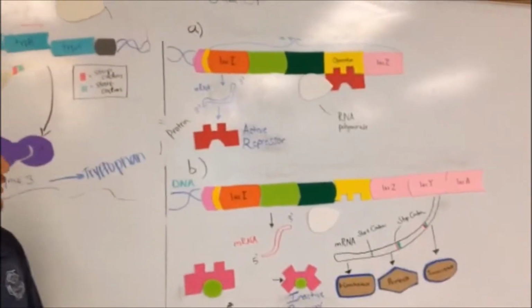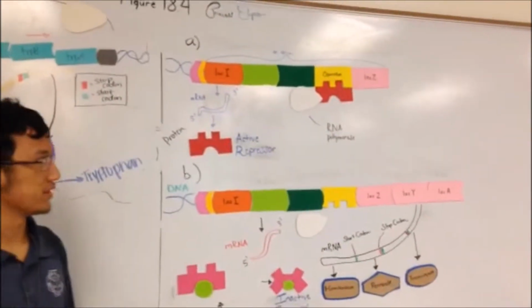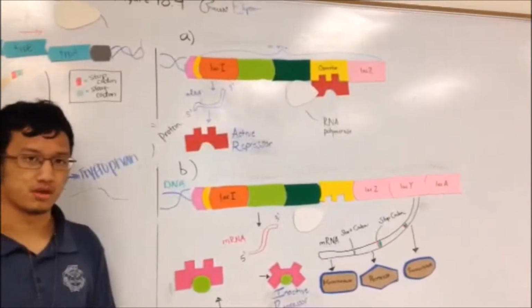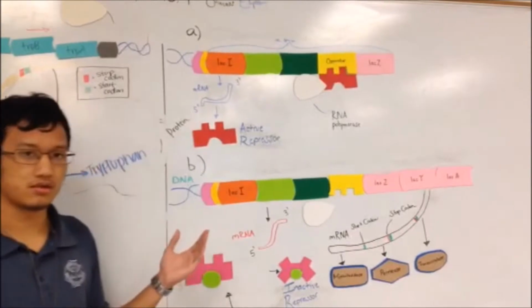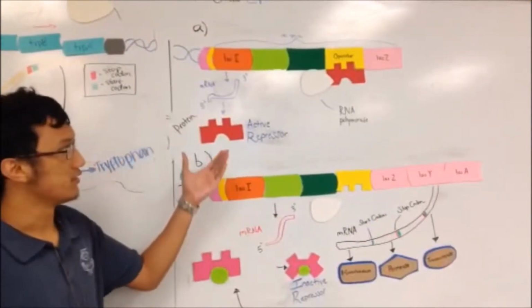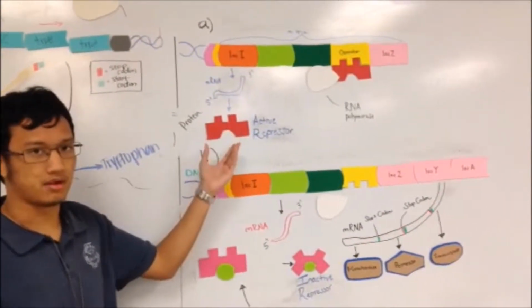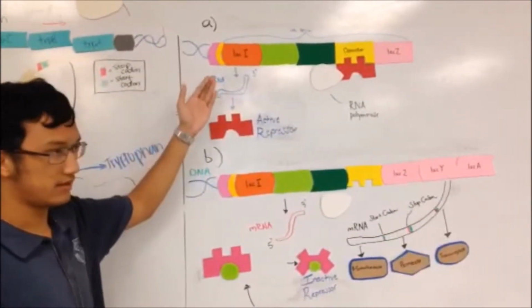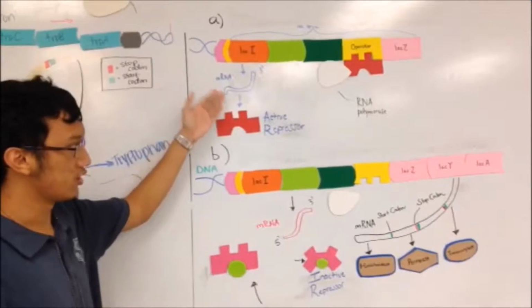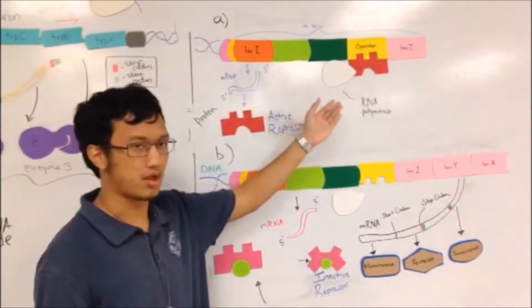Okay, so here for figure 18.4, we are going over the lactose operon portion of the DNA. Unlike the tryptophan operon, the repressor is usually active. Here, lacI codes for the active repressor that's usually blocking the operator.